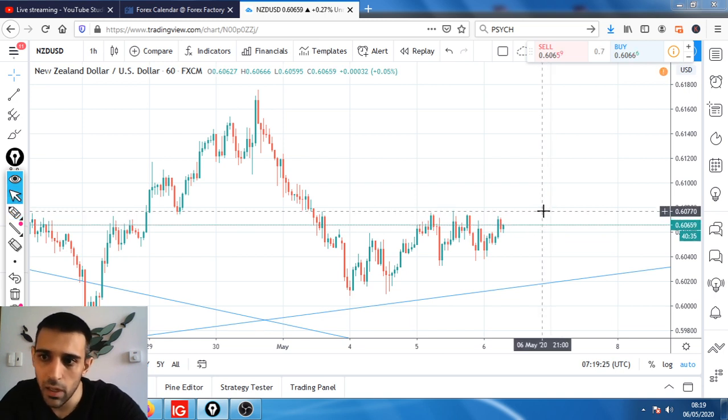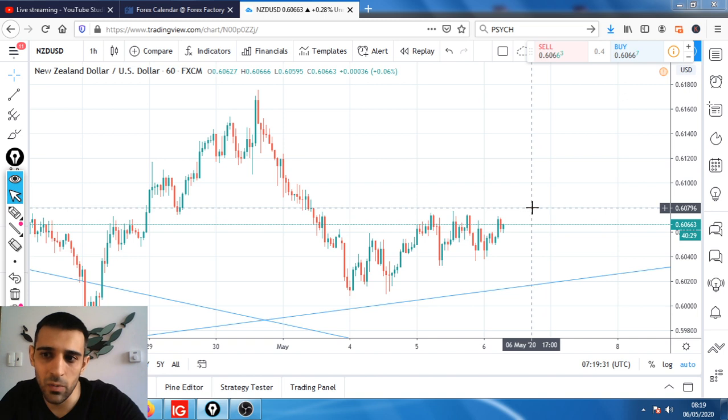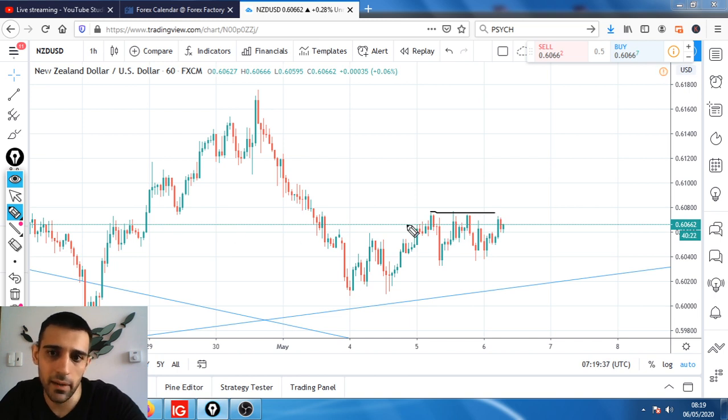So for now, I would want the price to come up to the 60.77, 60.80 zone, around 60.80 in here. That will be the highs taken out, and if there are any orders, the market will suck those orders in.